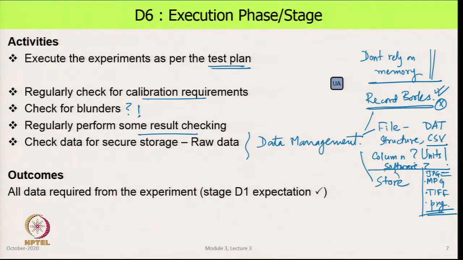The next thing I was talking of is storage of data. When you take data, it may come into a PC or a laptop or a data logger. You should immediately give it some ID telling which test it is, what date it is, what conditions this data has been taken in, and then this must be backed up.